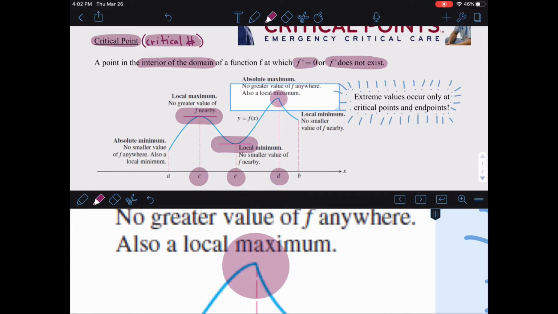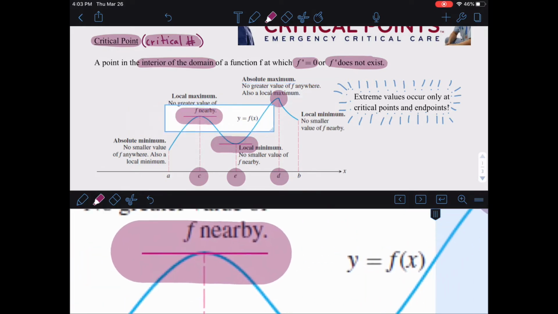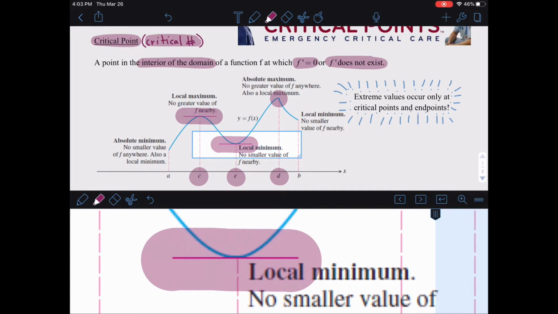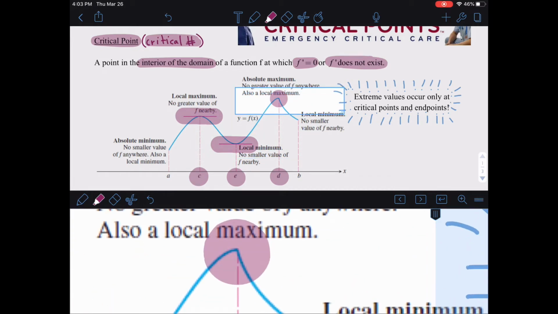So what can we say about critical points then? Extreme values are going to occur at critical points. Derivative is 0, there's a maximum. Derivative is 0, there's a minimum. Derivative doesn't exist, there is also a maximum again. And this brings us to probably the single biggest idea in this entire chapter.